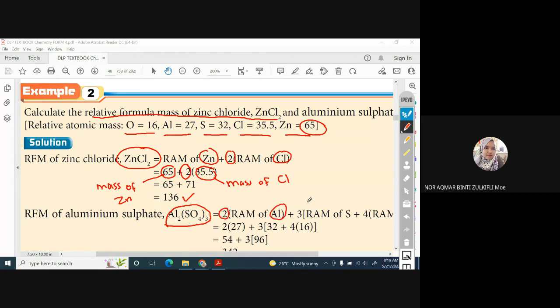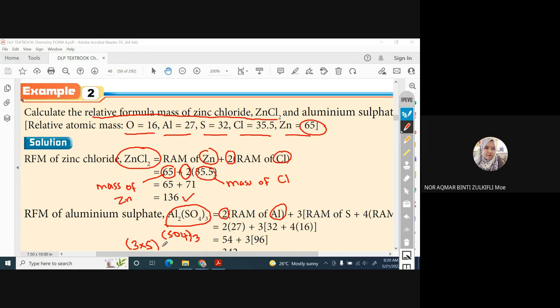When you have a bracket, SO4, close bracket, and then 3 outside the bracket, it means S also 3, so 3 sulfur.